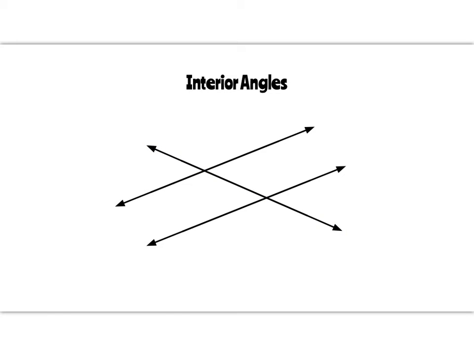Well, first of all, when we have parallel lines, we have the interior of those parallel lines. The interior is just the area between the parallel lines. Think about it as the space inside the tunnel. Interior just means inside. So in this example, we have 4 interior angles. Those are just angles inside the parallel lines, in between the two parallel lines.